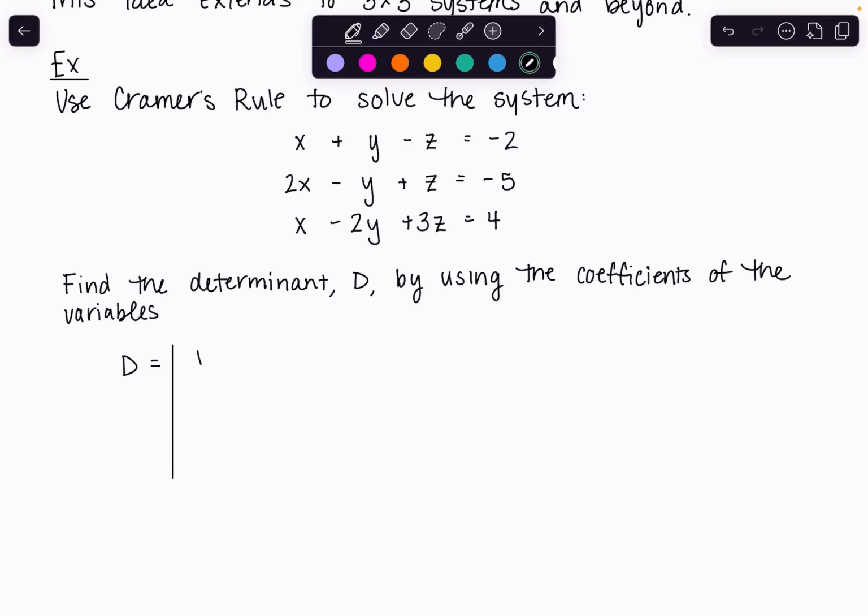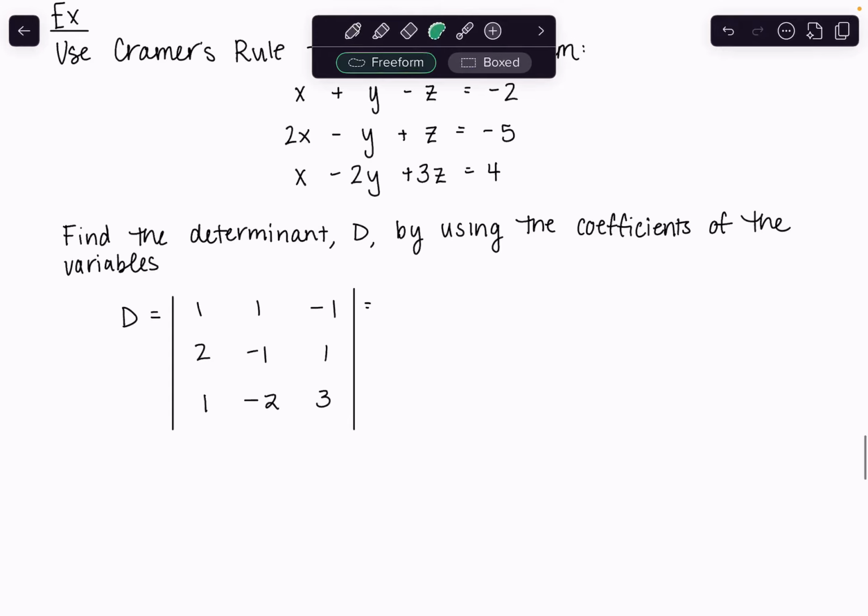So our first row is 1, 1, negative 1. Then I use the second row, which is 2, negative 1, 1. The third row is 1, negative 2, positive 3. Okay. And then I want to take the determinant of this, and it should give me just a number.